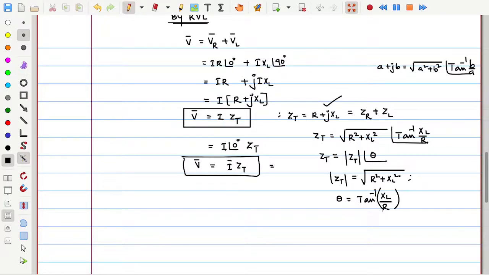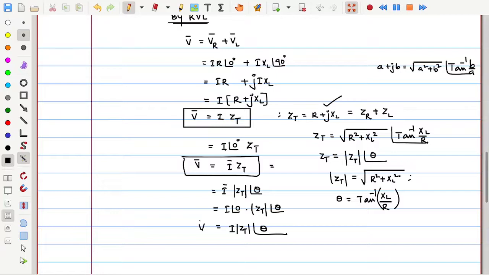So now, can I write this ZT as mod ZT at an angle theta? In polar form, ZT can be written as mod ZT at an angle theta. And just one more step ahead, I can be written as I at an angle 0, into mod ZT at an angle theta, which is simply I mod ZT at an angle of 0 plus theta, which is theta.